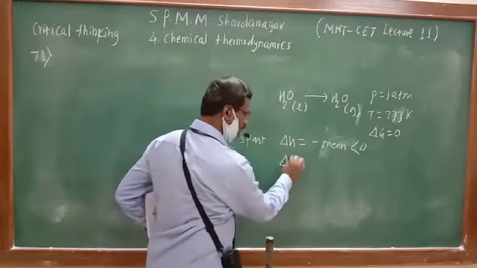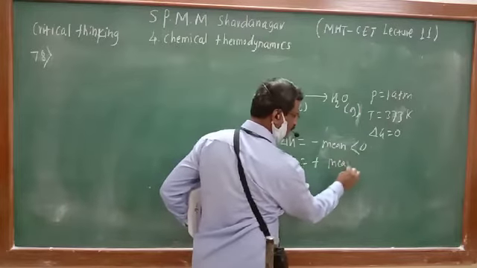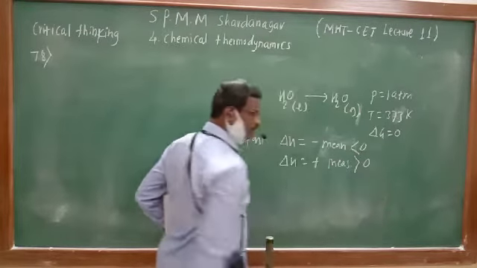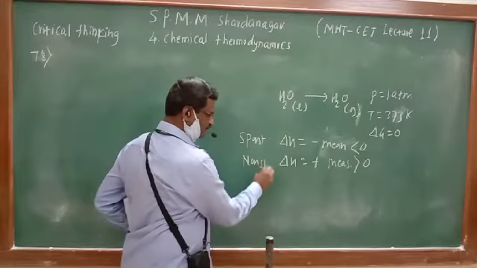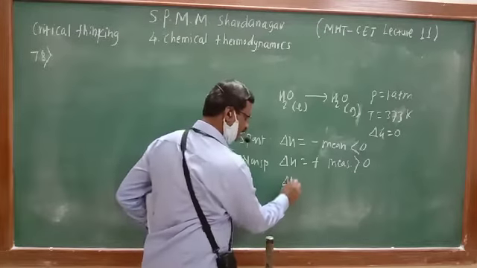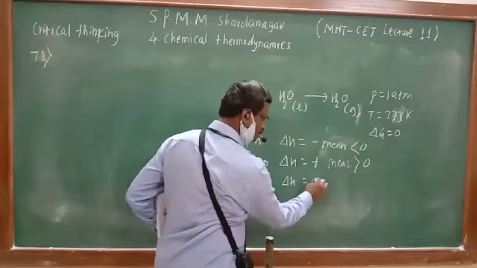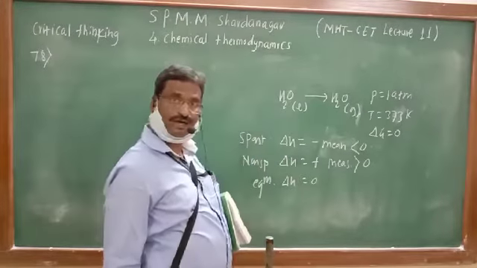If delta H is positive, what does it mean? It means it is greater than 0. This process is non-spontaneous. And if delta H is equal to 0, this is the process at equilibrium.